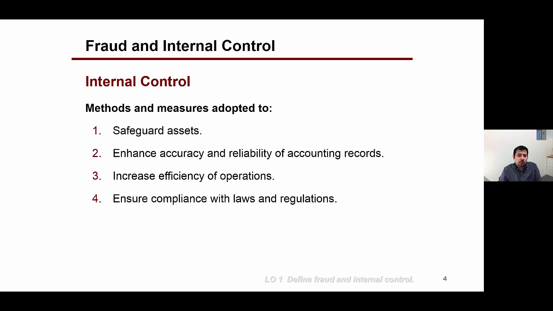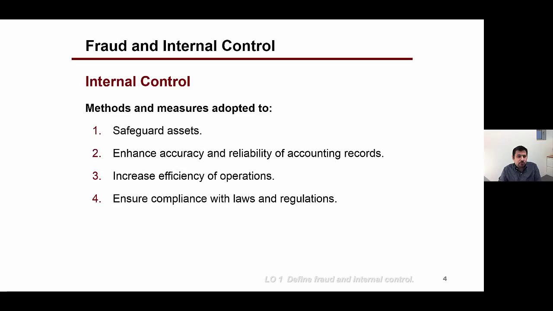Now, internal control systems are the measures that the company would have in place in order to mitigate the risk of asset misappropriation, basically to protect the company's assets, to make sure that the accounting records are correct and reliable, plus to make sure that the company's objectives are reached and are not being affected by fraud.